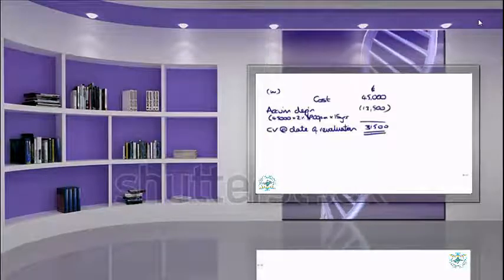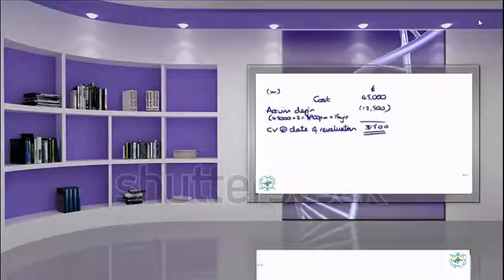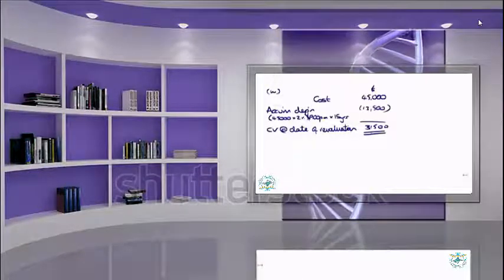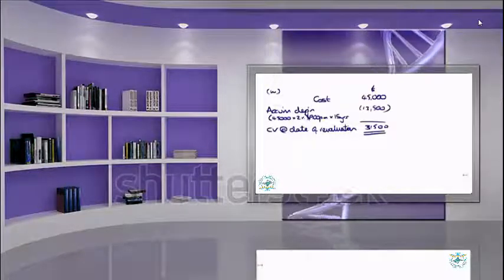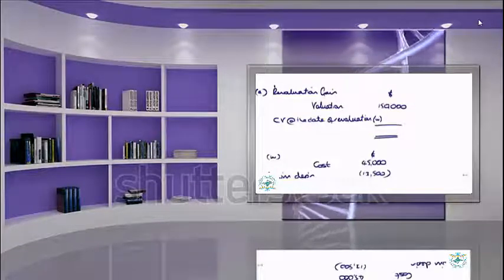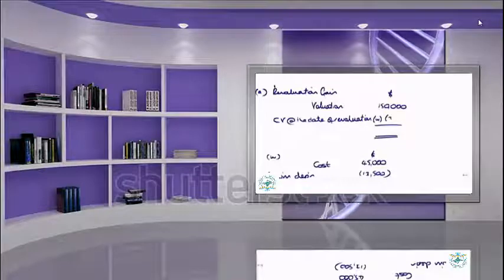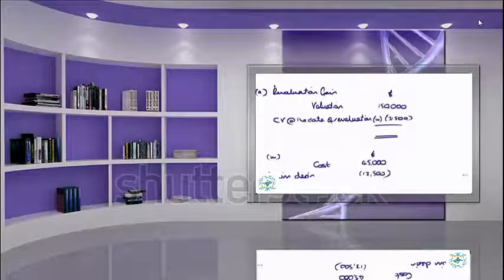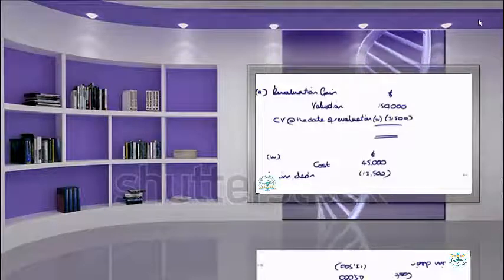So that's our book value or carrying value of the asset at the date we revalue, the 1st of January 09. So now we can build that in to our revaluation gain working. So 31,500 is a carrying value at the date of revaluation.